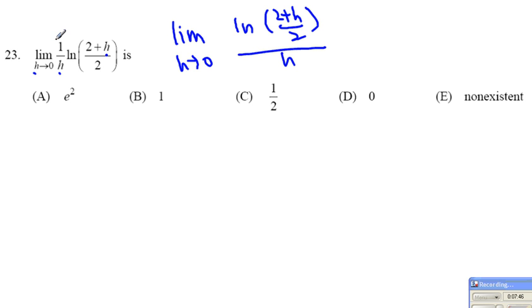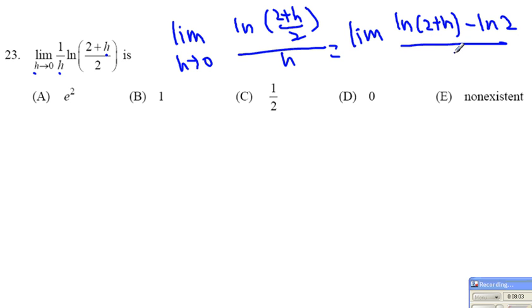That's how we can write it, times 1 over h. But in the case of logarithms, division is like subtraction. So we have the limit of ln of 2 plus h minus ln of 2, whole thing over h, as h approaches 0.